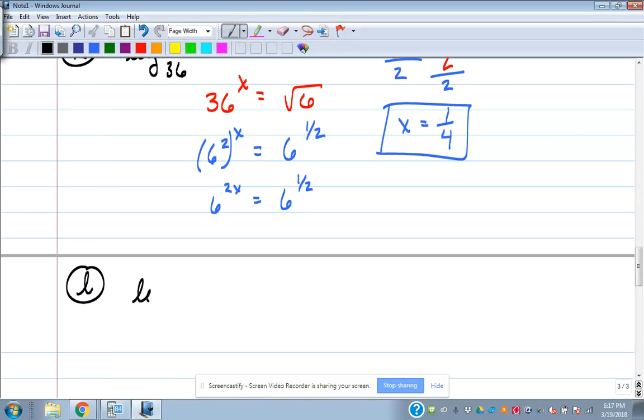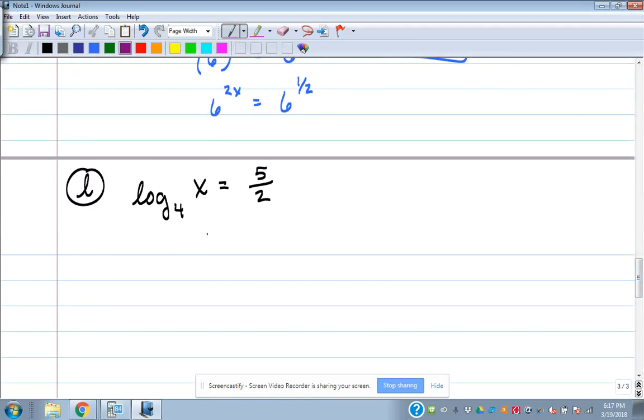So we had log base 4 of x is equal to 5 over 2. The base is 4.